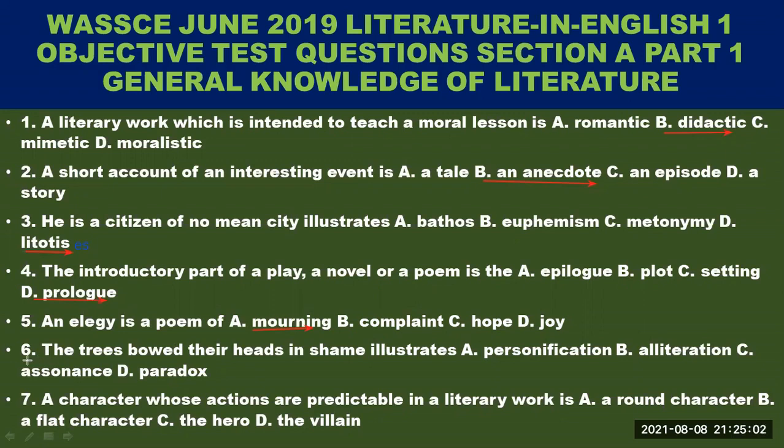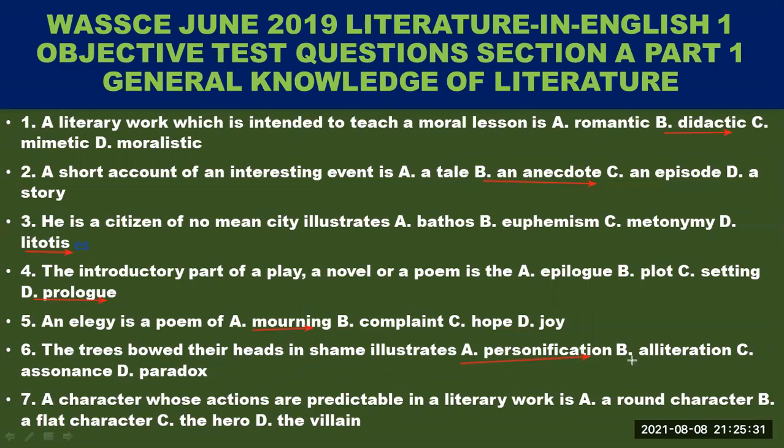Then question number 6, the trees bowed their heads in shame illustrates a personification. That's correct. Personification is a figure of speech that uses human qualities to describe a non-human entity. So trees are described with human qualities or attributes because only human beings can bow their heads in shame.